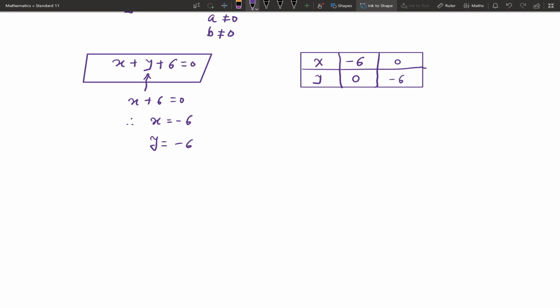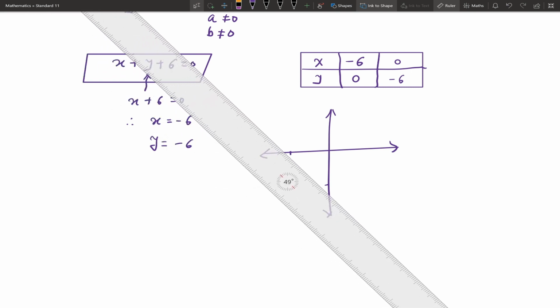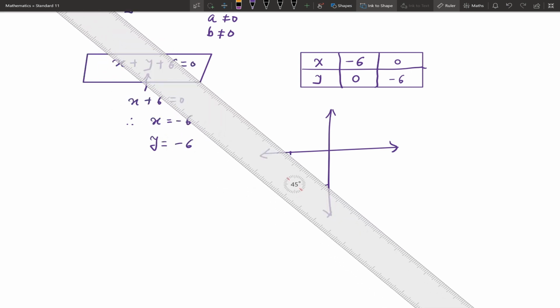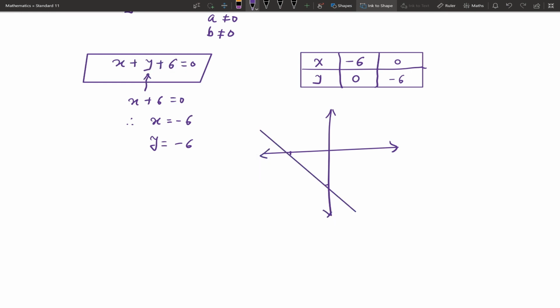So when we draw the line passing through the points (minus 6, 0) and (0, minus 6), this is the line x plus y plus 6 equal to 0.